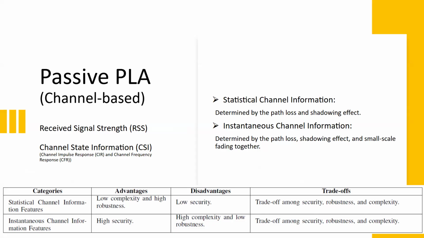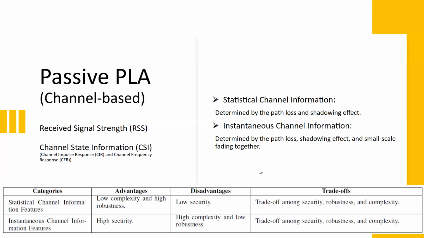So for the channel-based, we have two subcategories. The first one is using the received signal strength. The strength of your received signal can be used to authenticate, or the channel state information, which includes the channel impulse response and the channel frequency response.